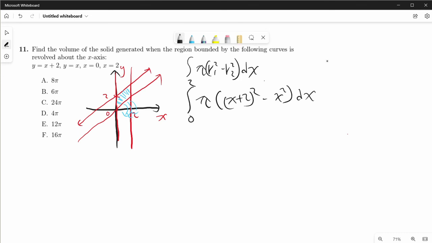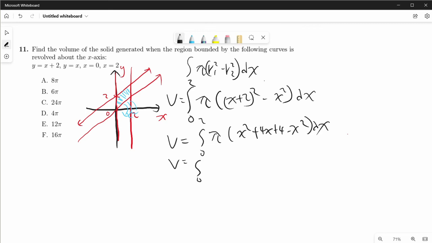All this would be 0 to 2. Let's say the volume equal to, this is x squared plus 4x plus 4 minus x squared. X squares cancel out. We have 4x plus 4.